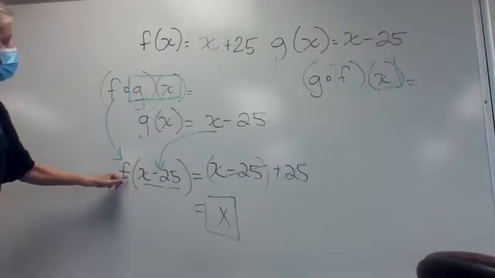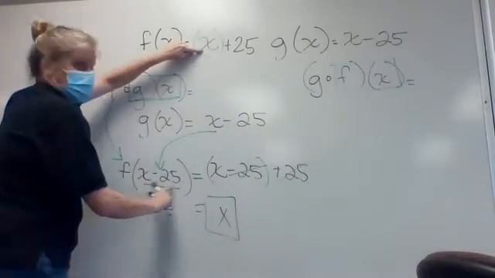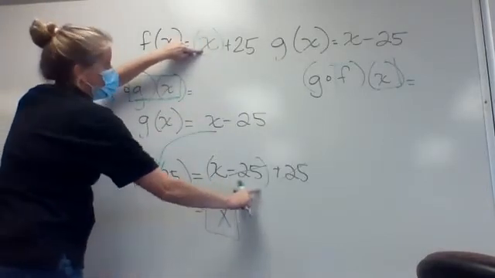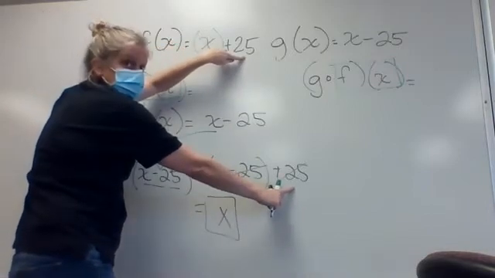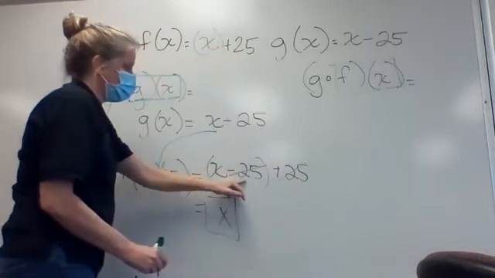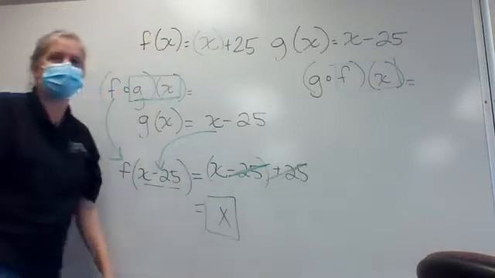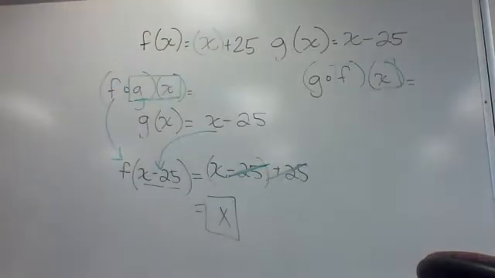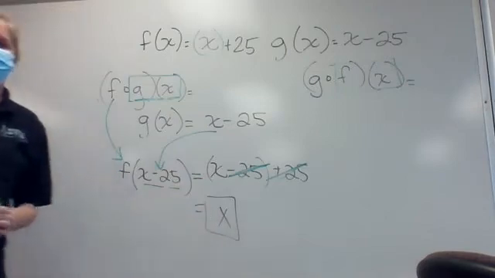So I go to my f function. Instead of x, I put in what was in the parentheses, so x minus 25, then bring down the plus 25. Minus 25 and plus 25 cancel, because negative 25 plus 25 is 0. So that's why all you're left with is x.